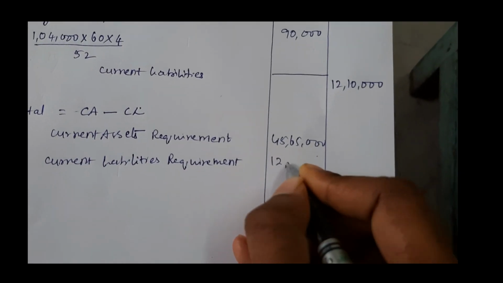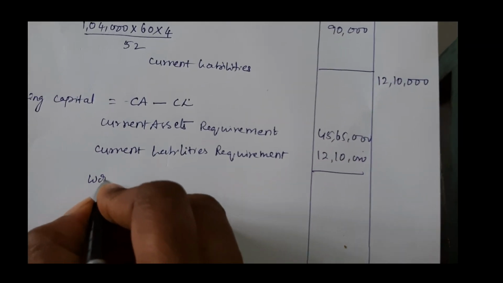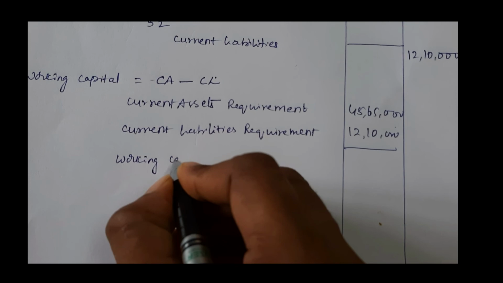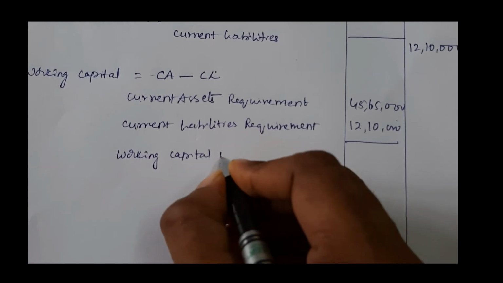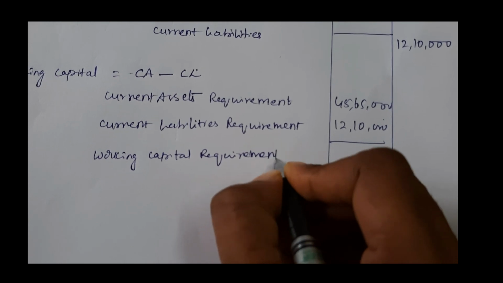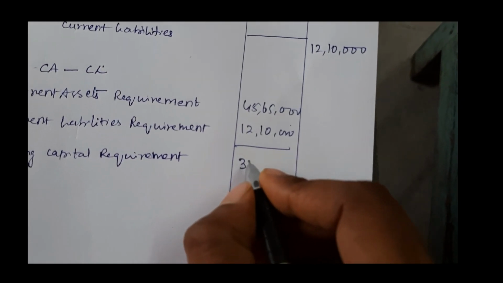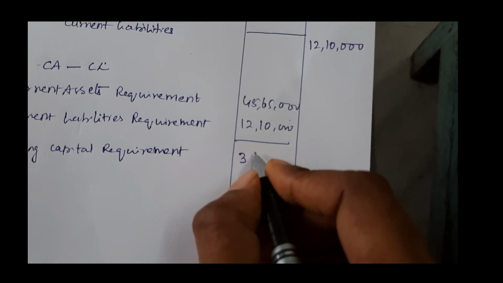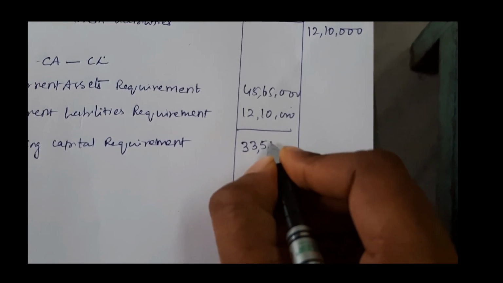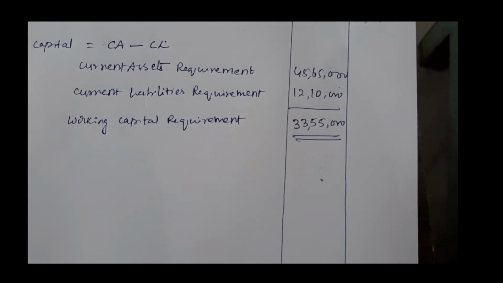So we got 12,10,000, and the difference between these two is going to be working capital requirement. So this will become 33,55,000.